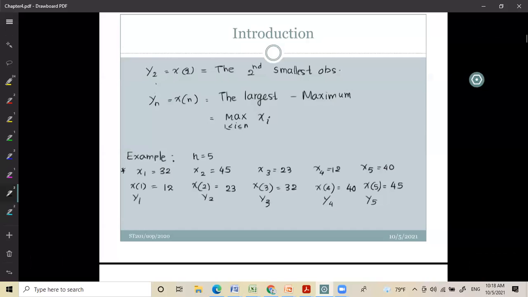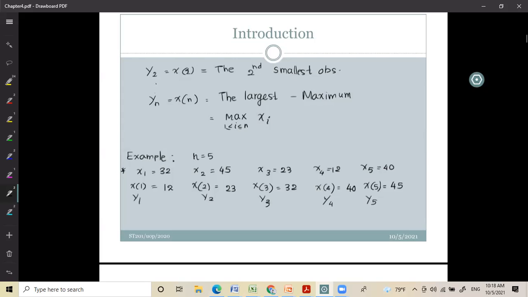Now this x1 up to x5, the original data, they are independent. Remember this carefully. These xi's, the original data set, they are independent. But when you order them, will they be independent? No, they are not going to be independent. Why? Because 12 becomes the smaller one because it is less than 23. So depending on each of these values, the positions are determined.